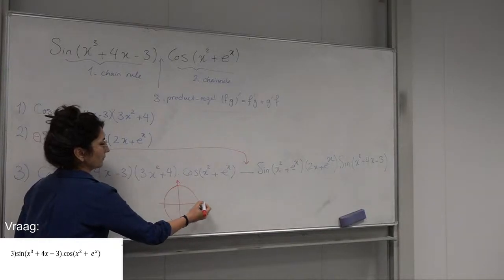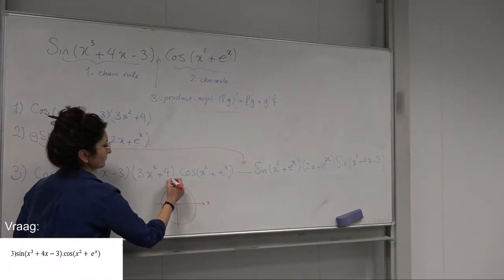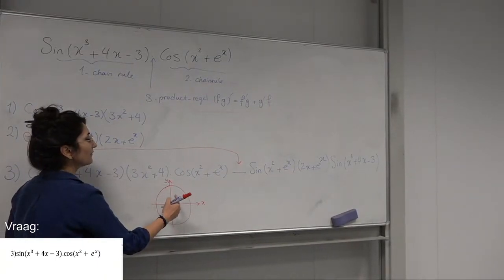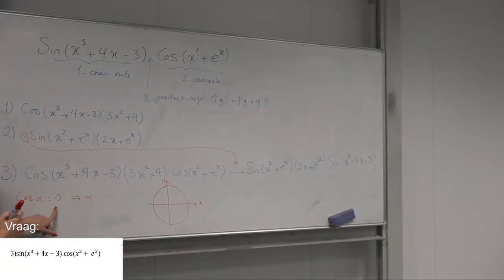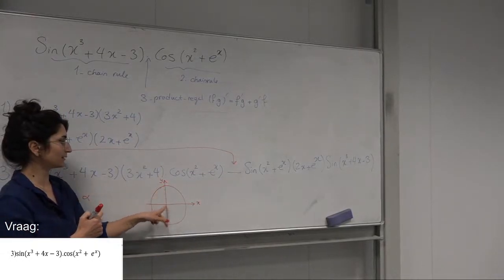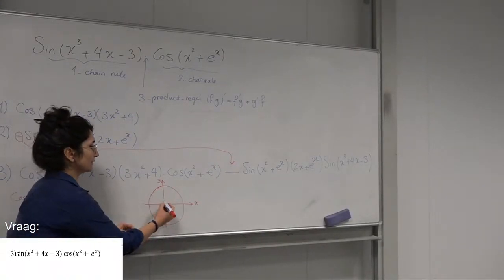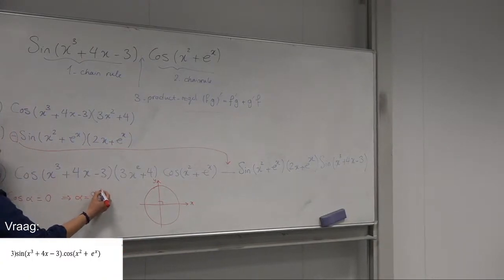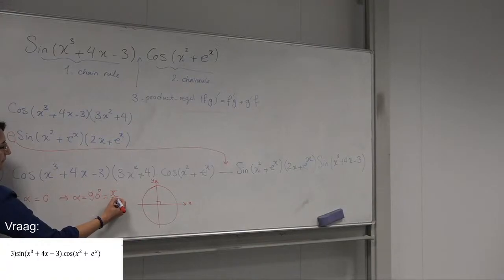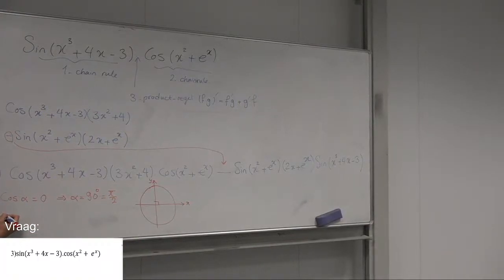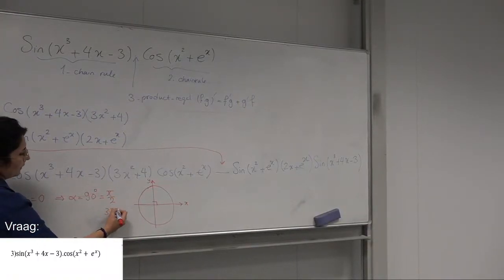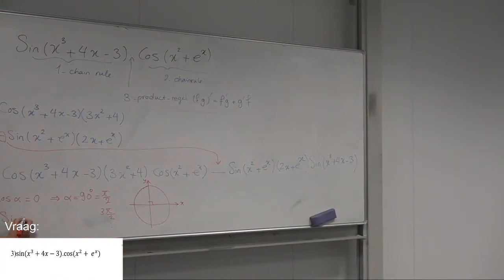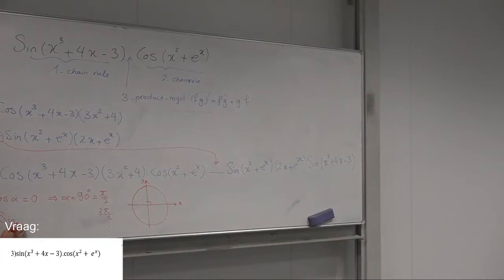Cosine is 0 when x is 0. Where is x 0? Here, right? Which angle was it? That's 90, right? Where sine is 0? Or 3 pi half, and so on. Where sine is 0? Okay, let's do it better this time.